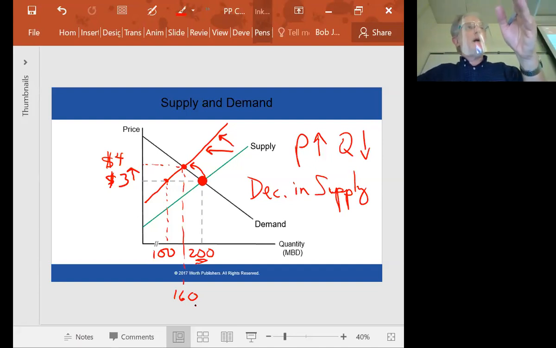Once you figure that out, you draw in the new curve, you observe where the new equilibrium is, and then you compare the new equilibrium to the original equilibrium, and that shows you what happened to the price and what happened to the quantity. Okay? And I would encourage you, when you get through, go back and check your work.